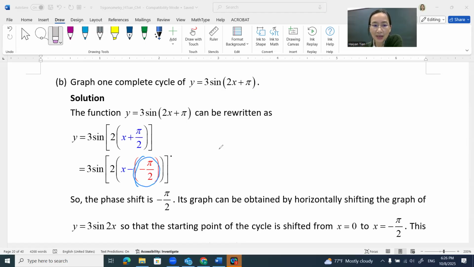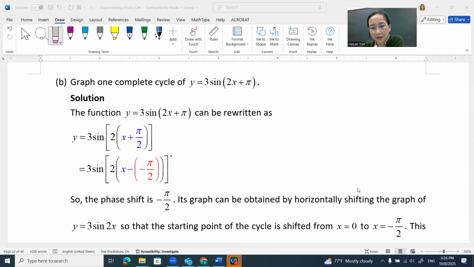So that means if we produce the graph of this function, sine 2x, and then we do a horizontal shift to the left-hand side for half of pi units, then we will get the desired function, which is the same as the given function.